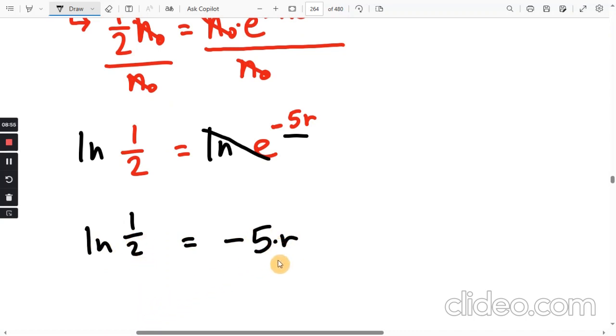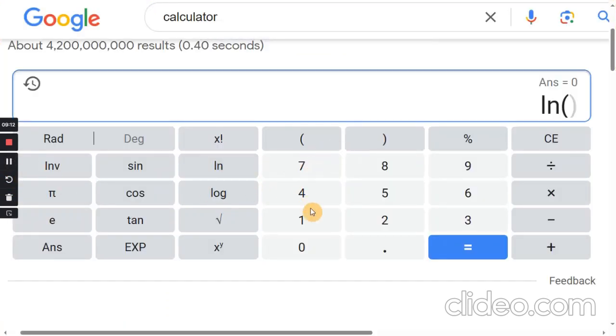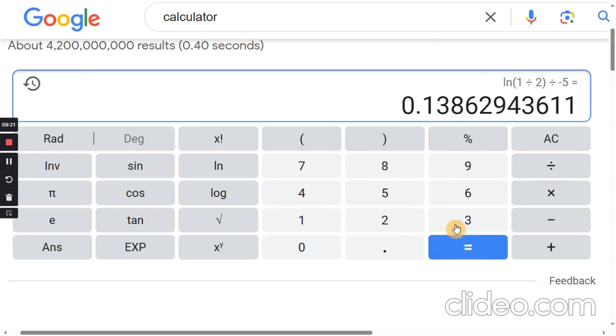Finally, the opposite of times negative 5 is divided by negative 5, and it cancels on the right. Let's go to our calculator: ln of 1/2, close parentheses, divided by negative 5. Hit equals, and to 4 decimals, 0.1386.